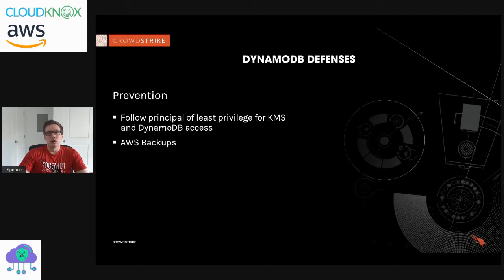So you want to use the backup feature of DynamoDB to create snapshots of your data, essentially, on some time period that you've set up. Offsite backups, those are important too, because an attacker in theory could just delete all your backups that are in AWS and then delete the database itself, and then there's no data anymore. Offsite backups could help prevent that because you can just restore.